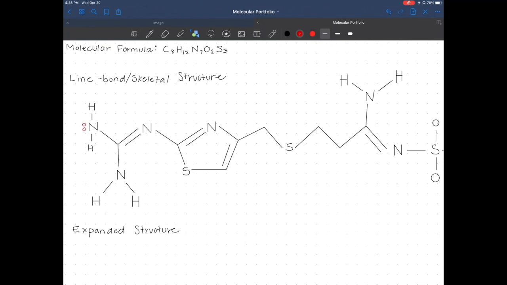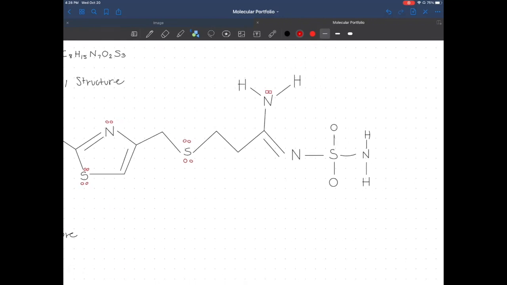Here I'm going back in to add lone pairs to the atoms that still need to satisfy their octet, which is on the nitrogens, sulfur, and oxygens.